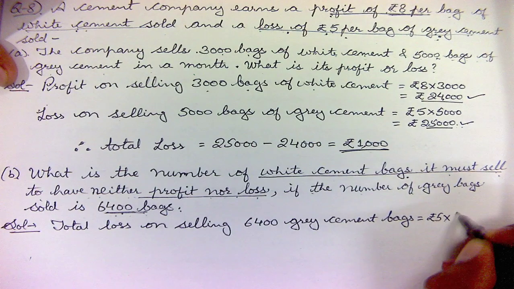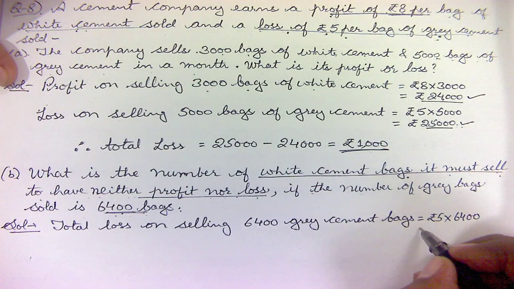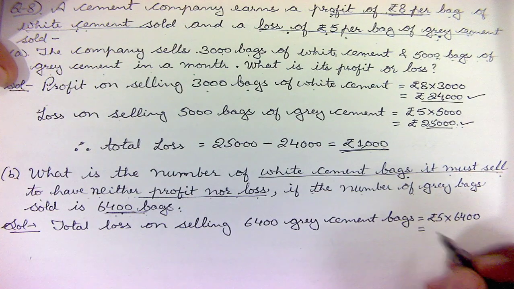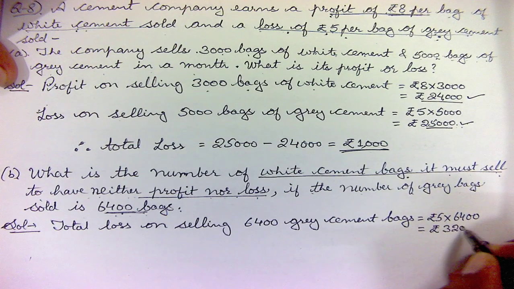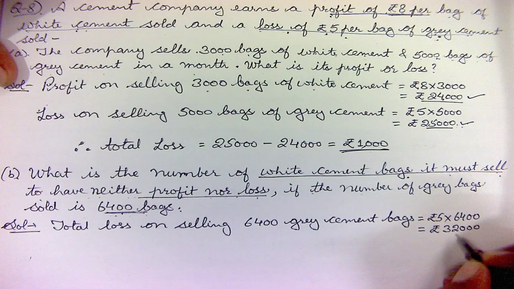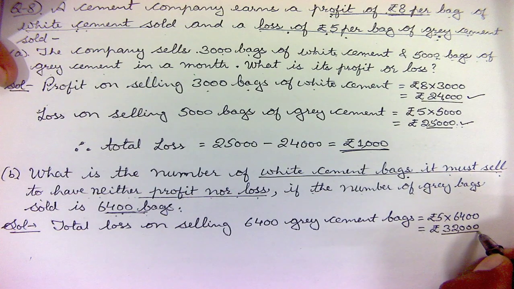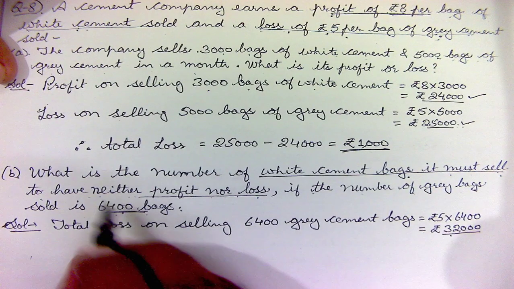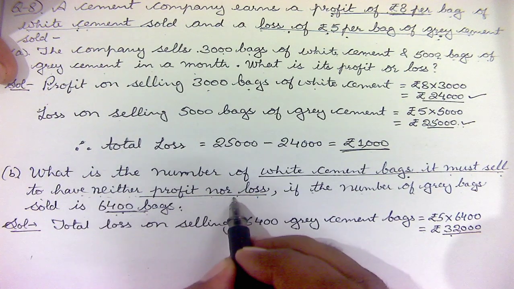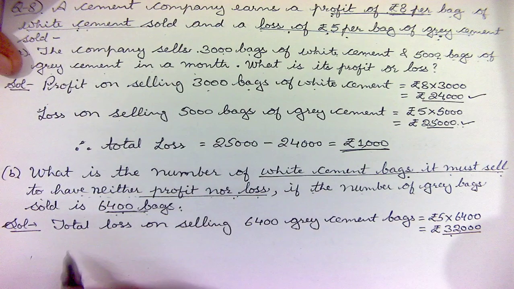Rupees 5 multiplied by 6,400, it will be rupees 32,000. Now this is the total loss. The company says it should not have any profit, any loss.